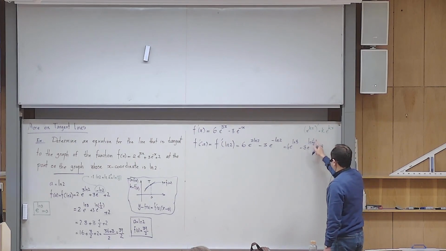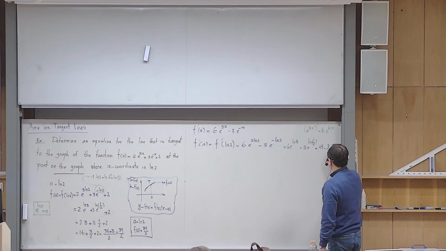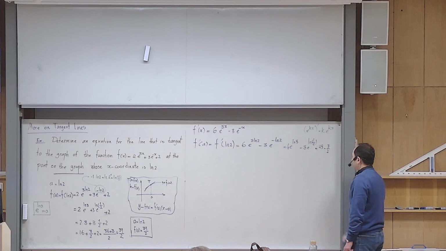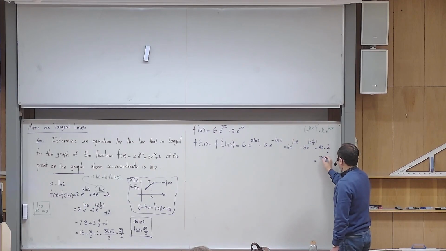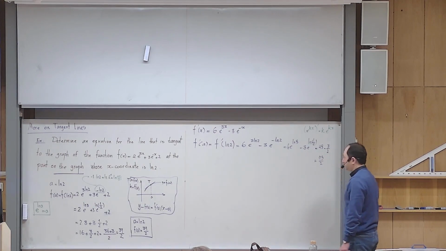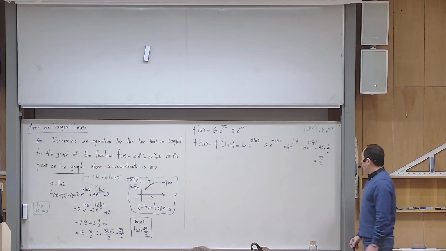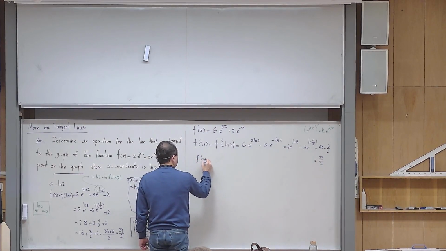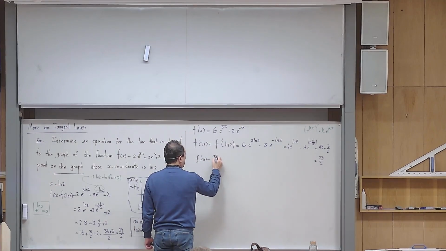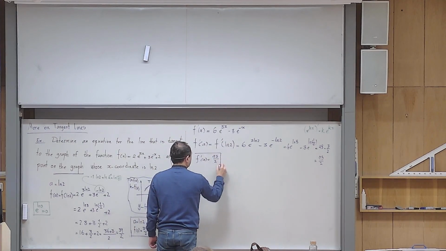E to power ln of 1/2 is 1/2. Multiplied there is minus 3 over 2. And then if you simplify that, it becomes 93 over 2. So my f prime of a is also found. It's 93 over 2.